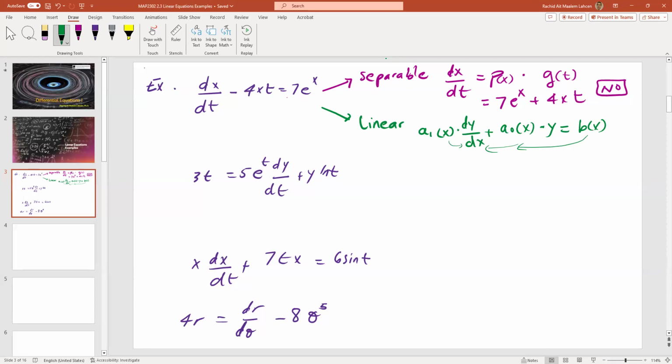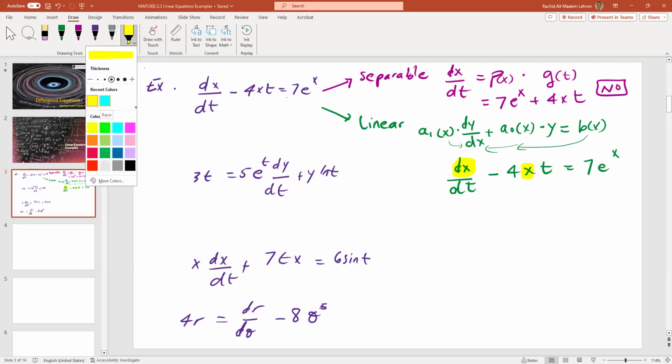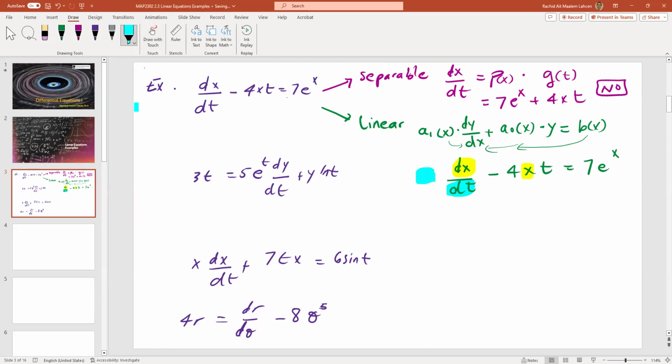So let's write it here. dx over dt minus 4x. Just if we want to do a comparison, here is the dx. Here is dx. Okay. What else? Now I have dt here. I don't have anything here, which is good.